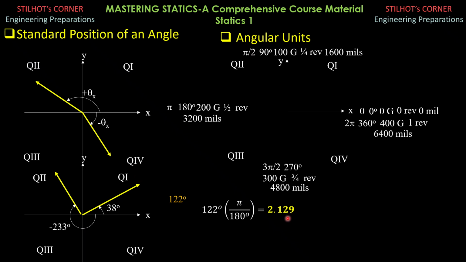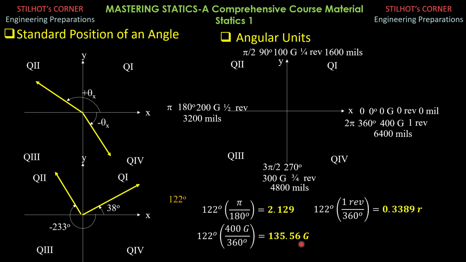Then in grads, that's 122 times 400 grads divided by 360 degrees, and that is equal to 135.56 grads. In revolution, 122 degrees times 1 revolution is equivalent to 360 degrees, and that's 0.3389 of a revolution.